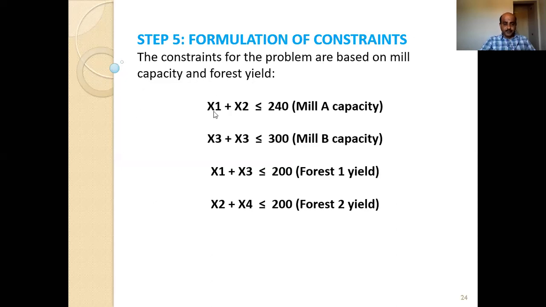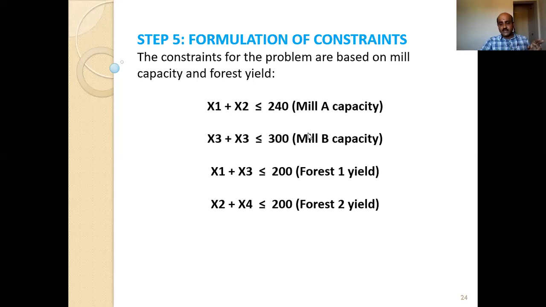So here x1 plus x2, the number of logs shipped from forest 1 and forest 2 to mill A. This is the mill capacity I am talking about. The mill can take only 240 logs from both the forests. Therefore, x1 plus x2 should be less than or equal to 240. And x3 plus x4 should be less than or equal to 300.